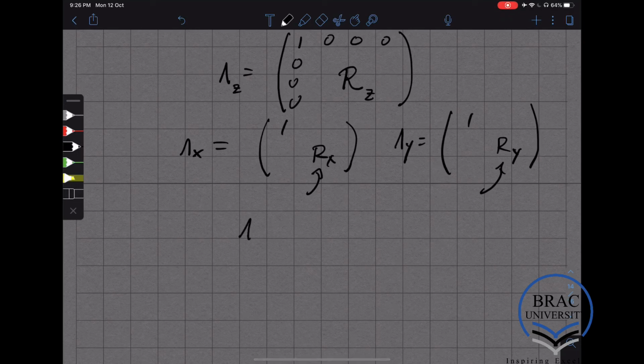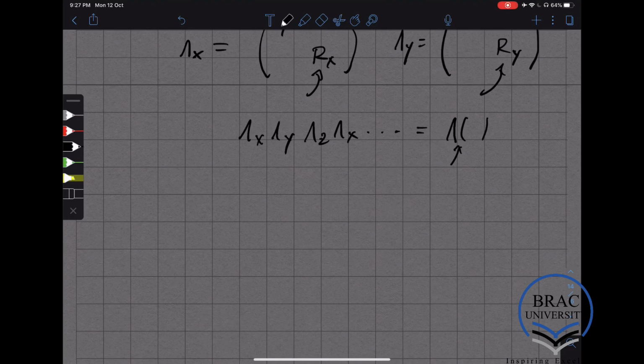So if you just take a random string of these and multiply them, that is also some rotation. Rotations form a closed set. In the language of group theory, we say that the rotations form a subgroup of the Lorentz group. So the second type of Lorentz transformation are called Lorentz boosts.